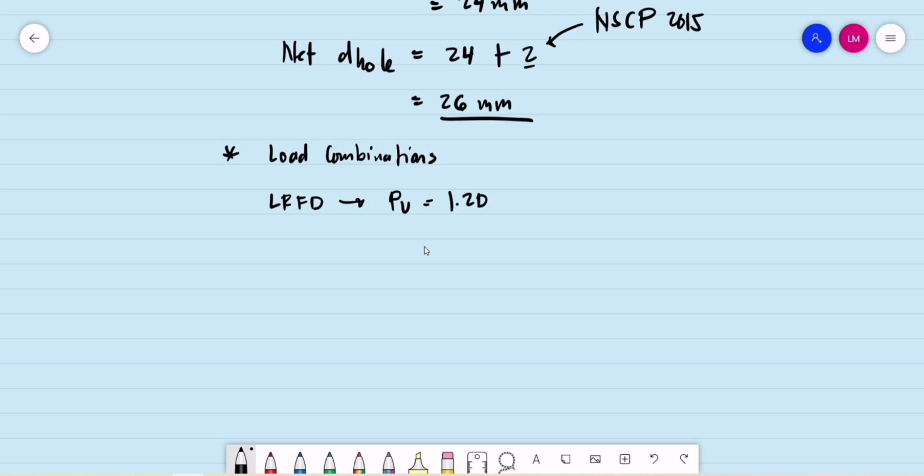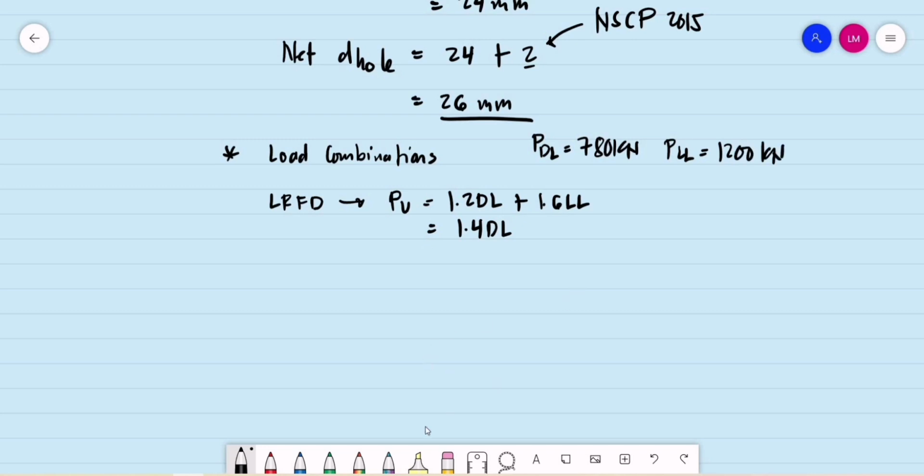That is 1.2 of the dead loads plus 1.6 of the live loads, or we can have it as 1.4 of the dead loads, whichever is higher. So let us check. Again, the given dead load is equal to 780 kilonewtons. Then the given live load is equal to 1,200 kilonewtons.